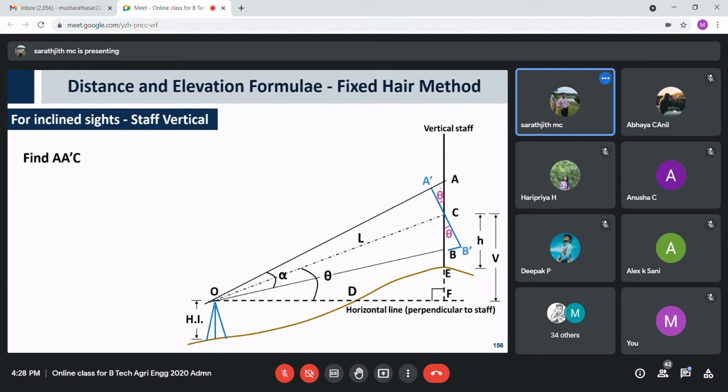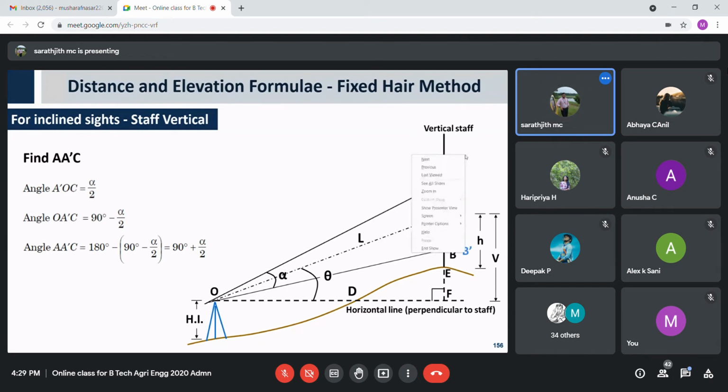Now our next objective is to find A dash C. For that, we consider the triangle A, O, and C, this upper triangle. In that, what would be the angle O A dash C?